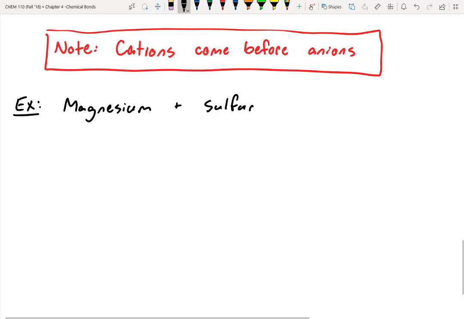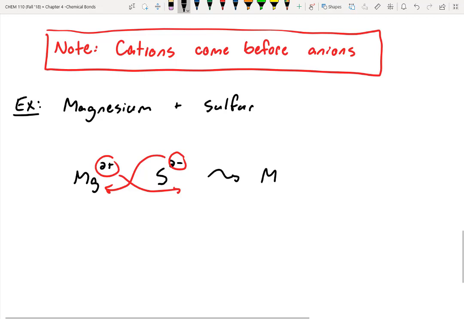So we've got magnesium. Magnesium is what charge as an ion? 2+, right? It's in group 2A. So we'd say magnesium 2+. And then we've got sulfur. What charge is sulfur as an ion? -2. All right, so now if we try to do the flip-flop, we'd say, all right, there's Mg2, S2.